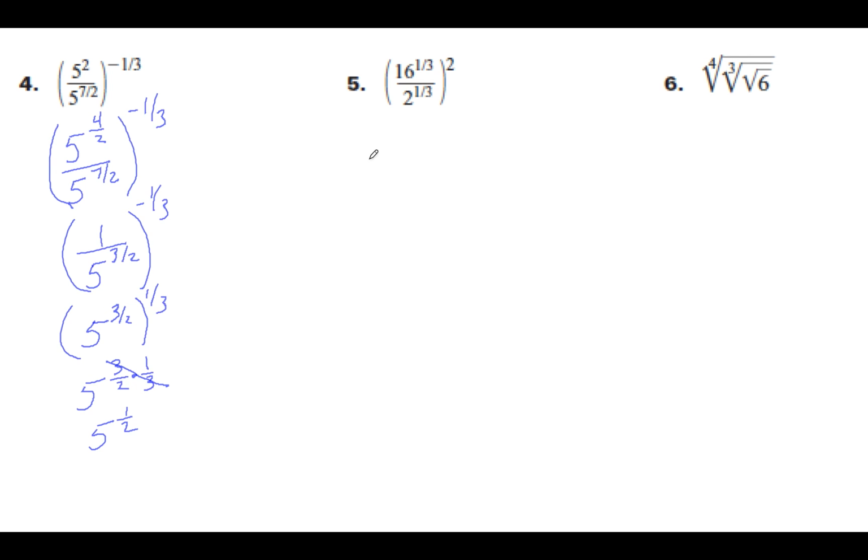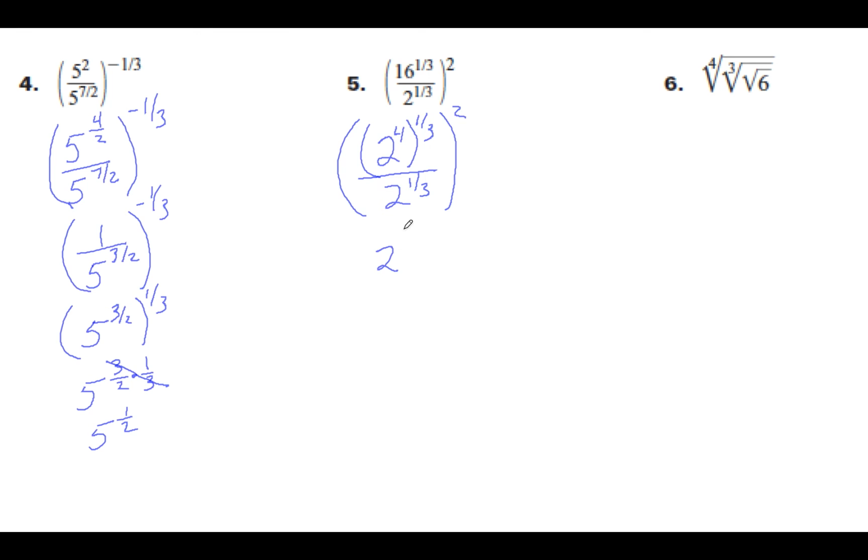Okay, so up here, what I'm going to do is take this 16 and make that 16 is really 2 to the 4th raised to the 1/3 power over 2 to the 1/3 power, and that whole thing is being squared.